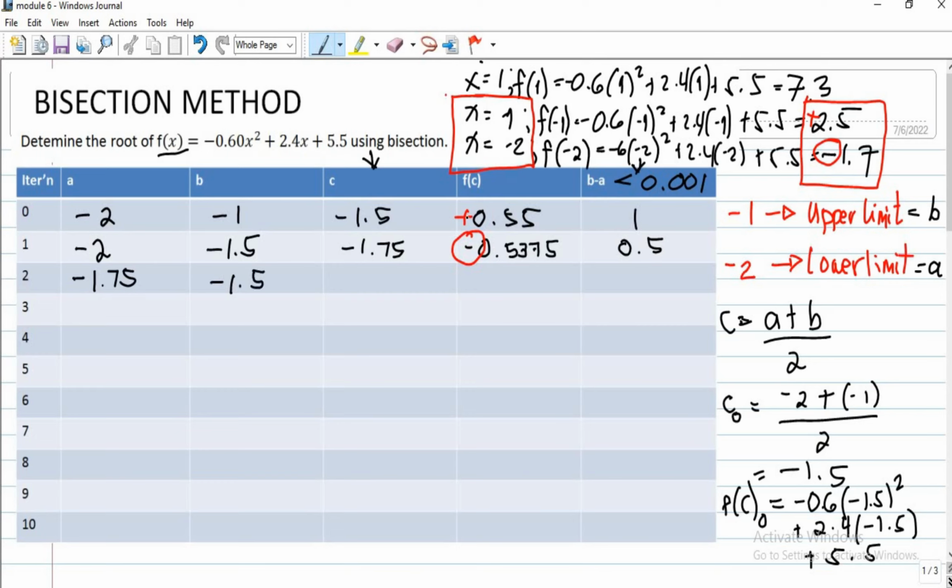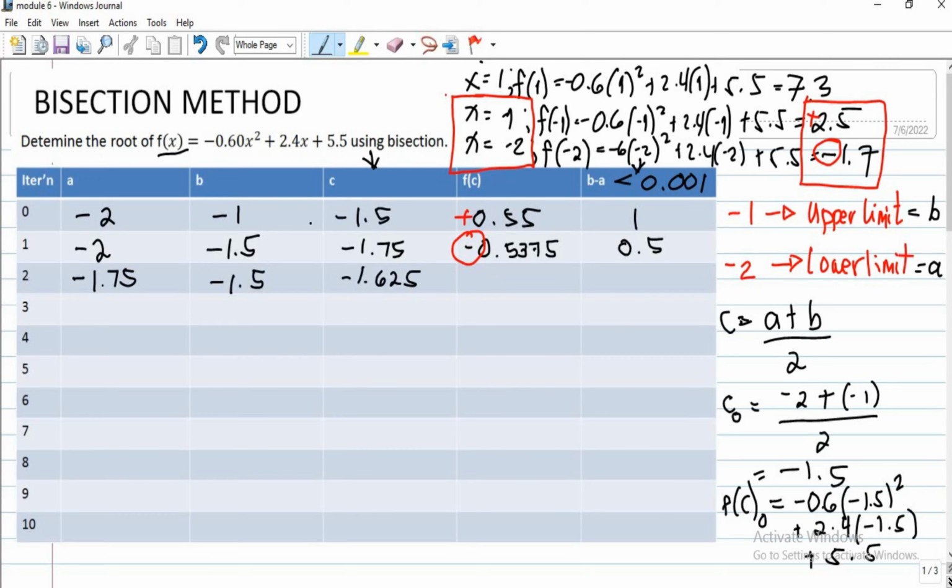Ulitin ko, kung yung FC ay negative, magbabago si A, B will remain. So, ang ating A, or ang ating lower limit ay magiging negative 1.75, si B, magre-remain siya as negative 1.5. If you take now the average of B and A, that is equal to negative 1.625.